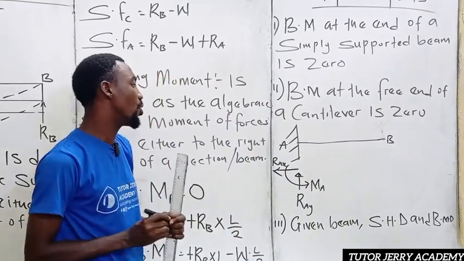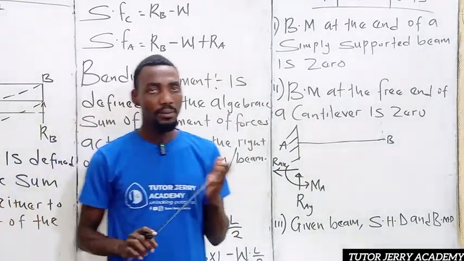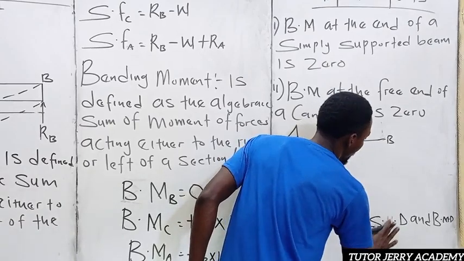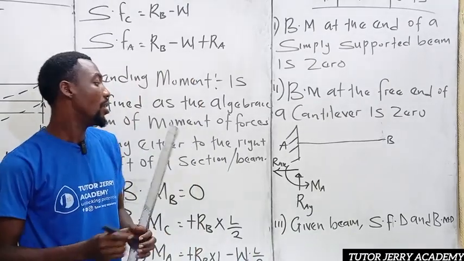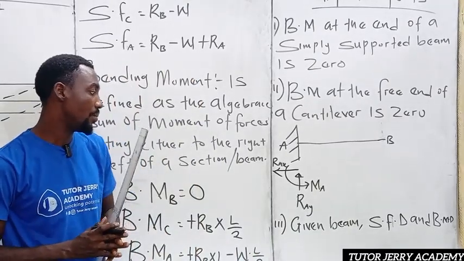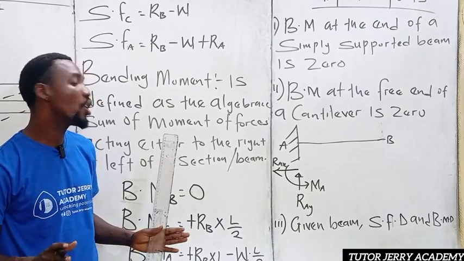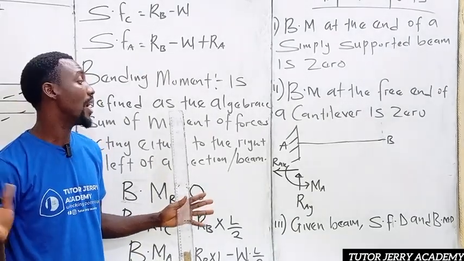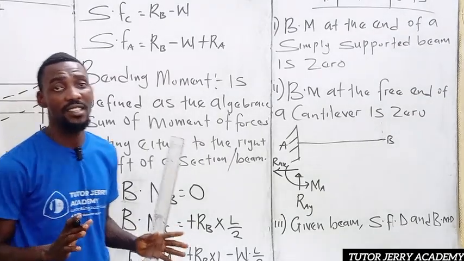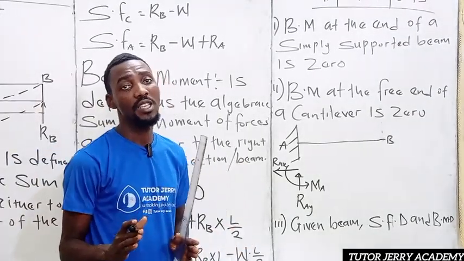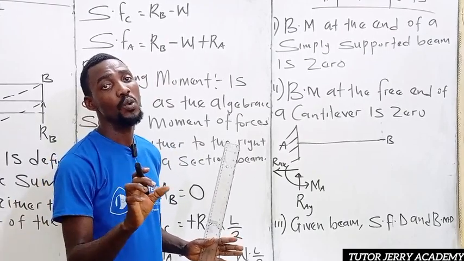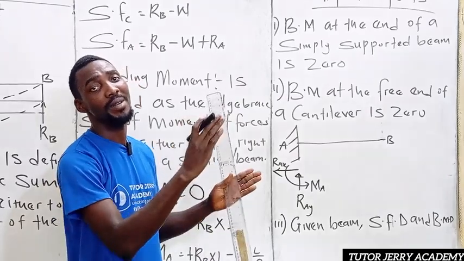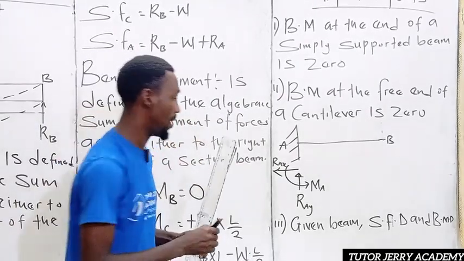So another point you need to note is this. If you want to draw your shear force and bending moment diagram, the length of the shear force and the bending moment diagram must be equal to the length of the given beam, that is the span of the given beam. All right.